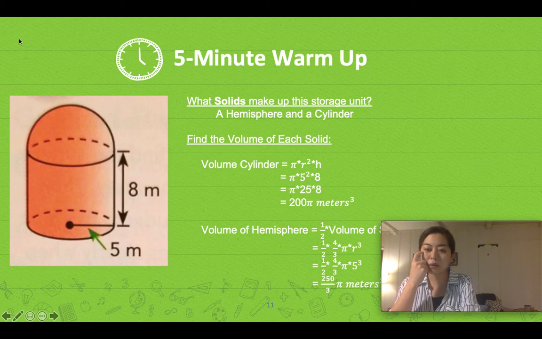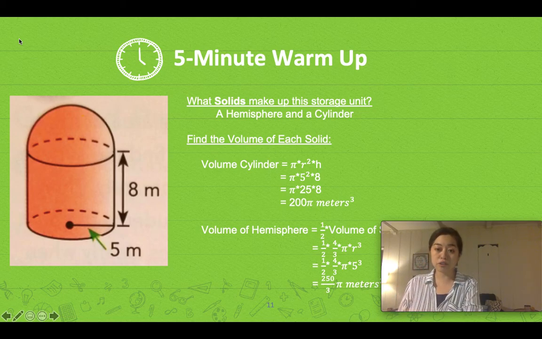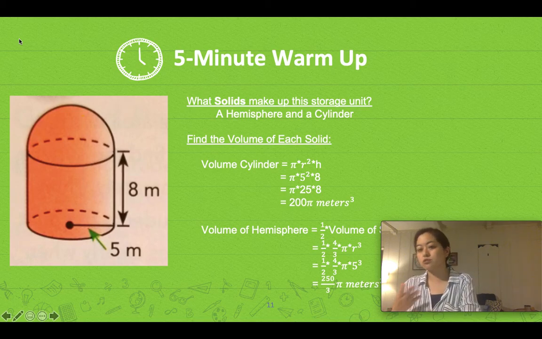How come I wrote cubic meters instead of square meters? Well, I wrote cubic meters because we're talking about volume. When we are talking about area, we'll use square meters or square inches or square centimeters, whatever the units are.